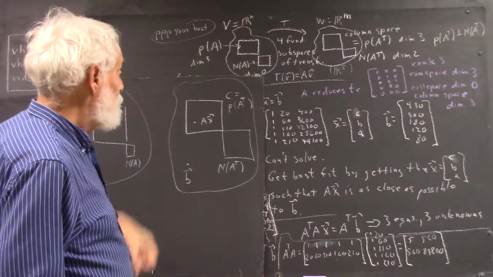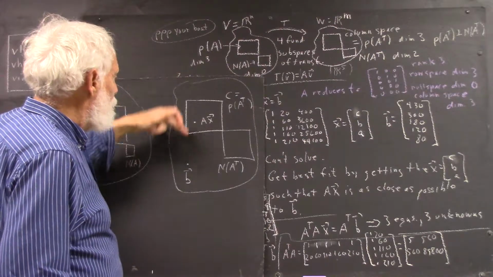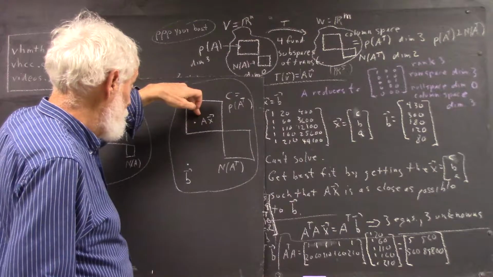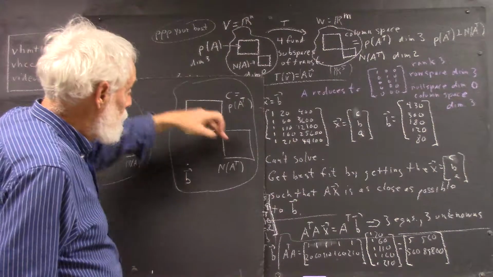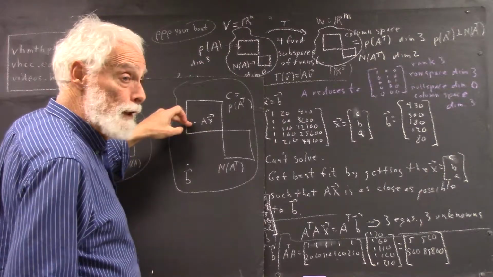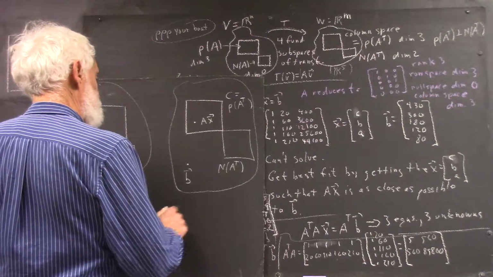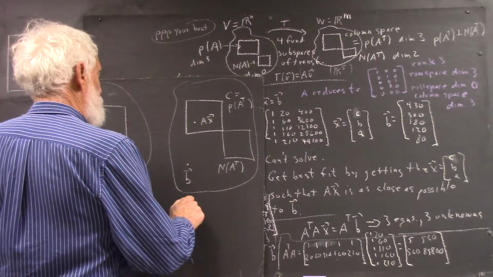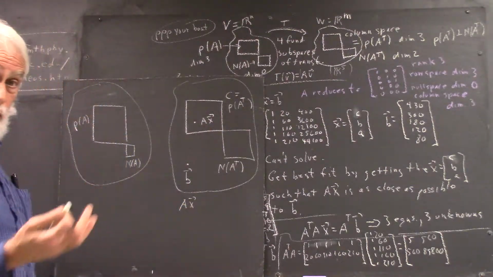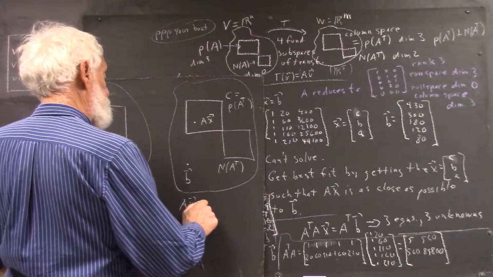And that sum is unique, so the unique vector that you would need from the row space of A transpose, in order to add to the unique vector from the null space and get B, well, that's what Ax should be. It's a little difficult to understand. It's hard to get your head around it. You've got to keep thinking about it.